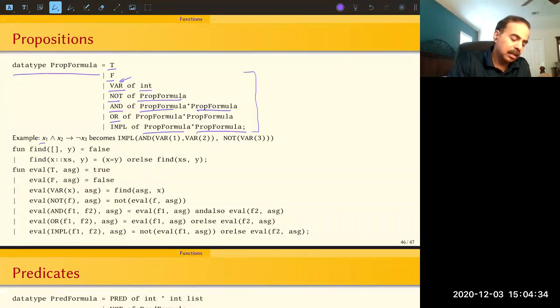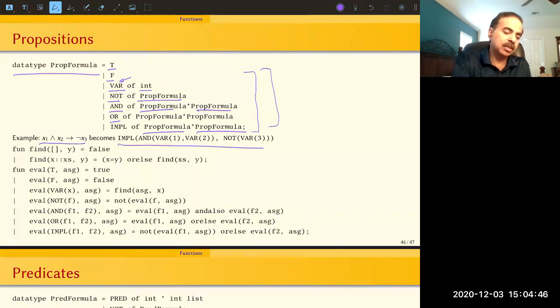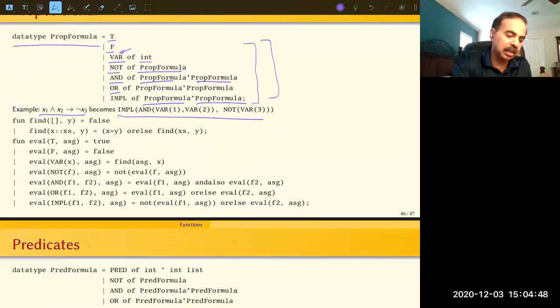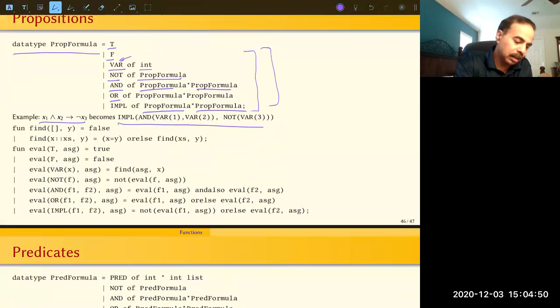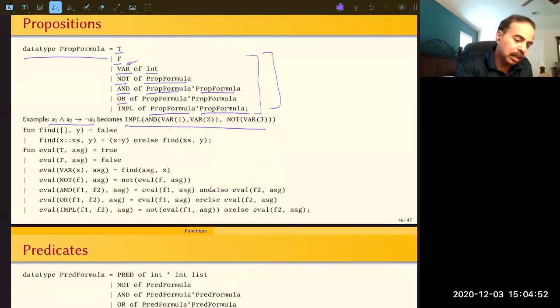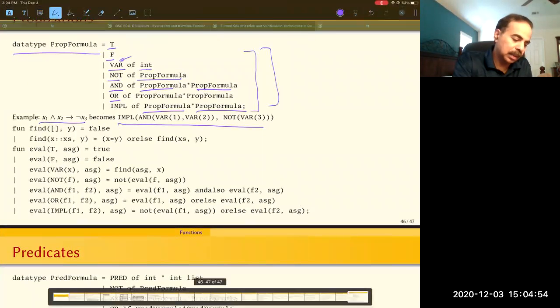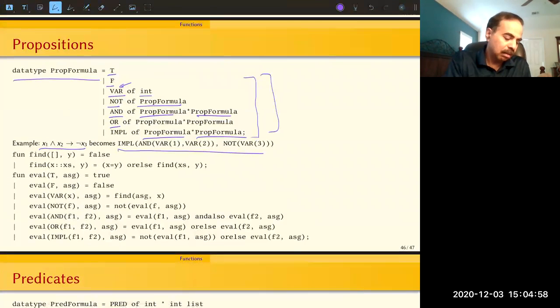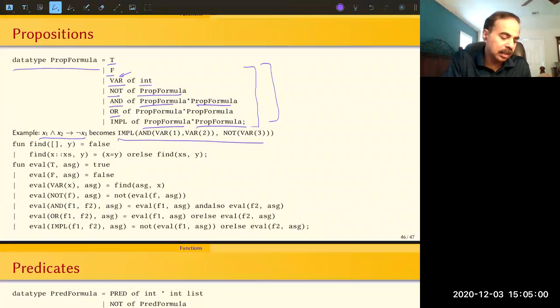And then, if you have a formula like this, that's how we normally write it down. We can represent it using this data type in standard ML in this way. If you want to see the structure a little more clearly, we can draw these expressions in a tree form.